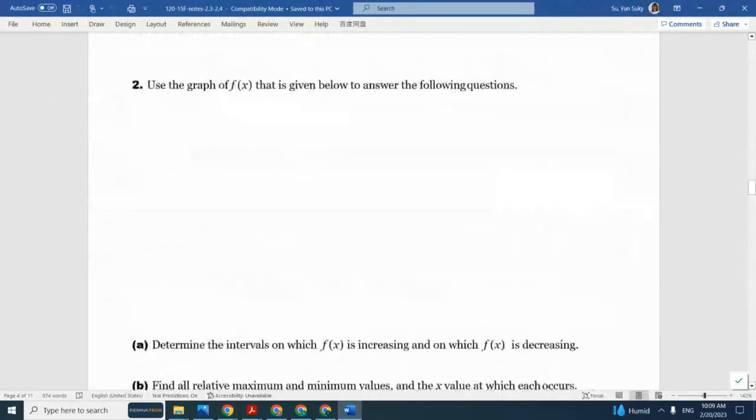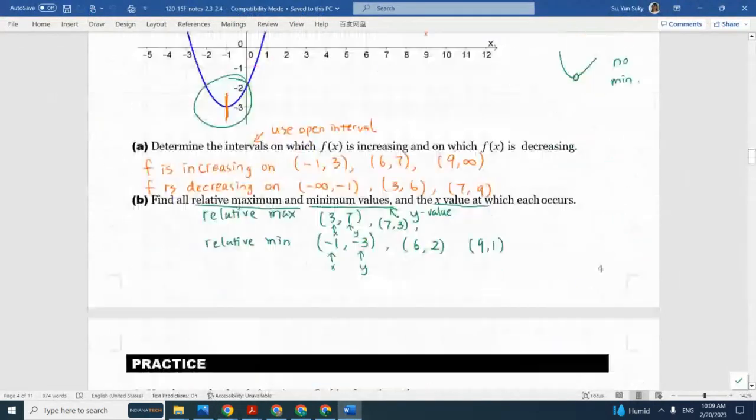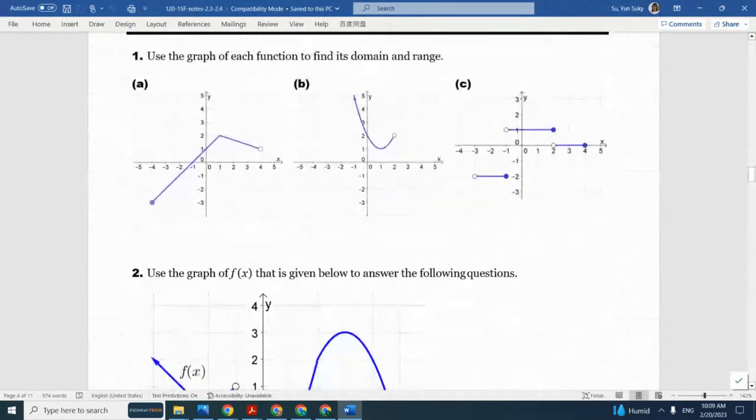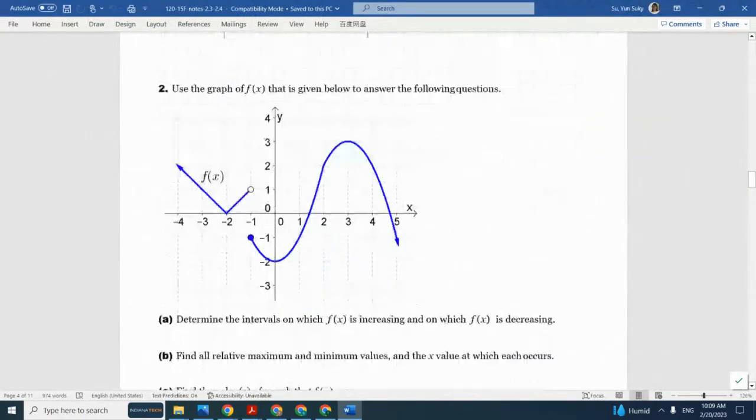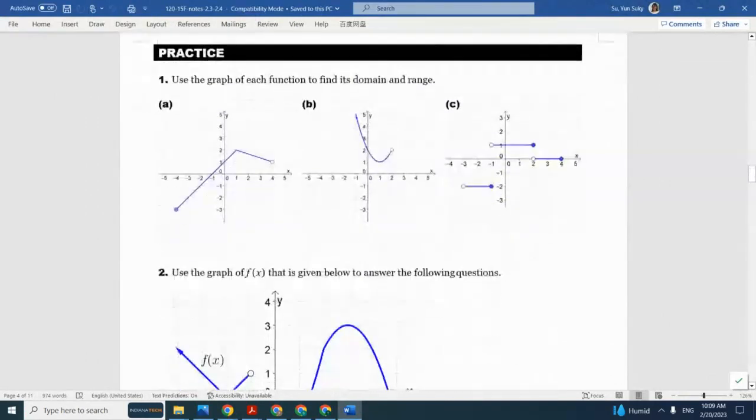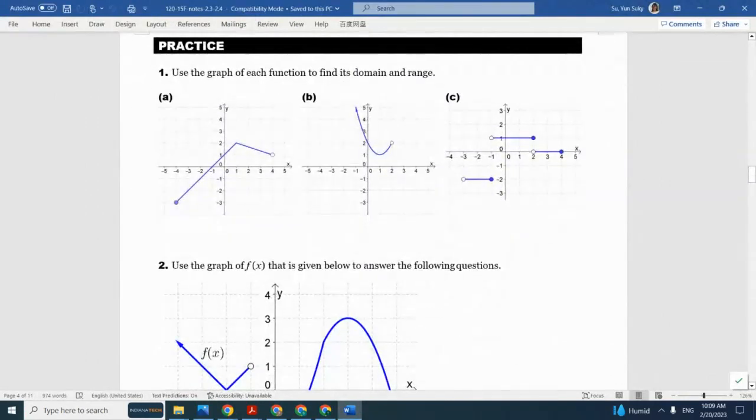Last time we talked about increasing, decreasing, domain and range, and relative maximum, relative minimum. And then I asked you to do this practice at home, because math really takes a lot of practice. Oh, that is the attendance.